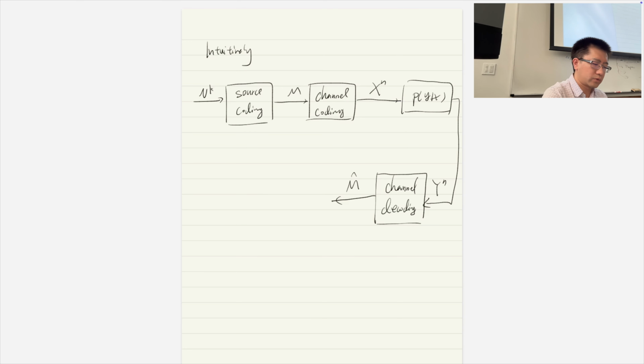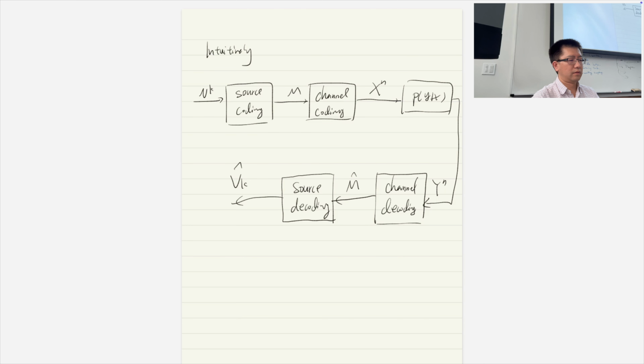And then we do source decoding, and then we have our V^k hat. And then we're done, right? That makes sense. It's pretty intuitive, right? So that's an approach we can do.